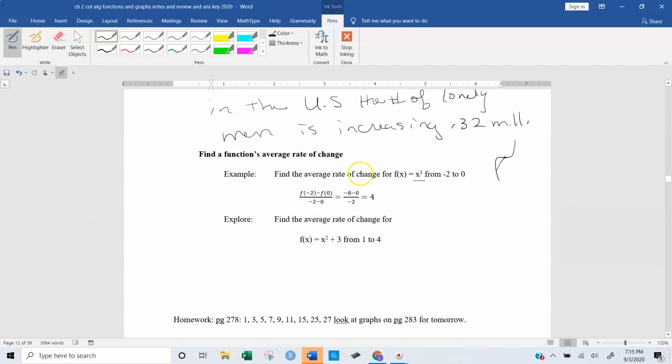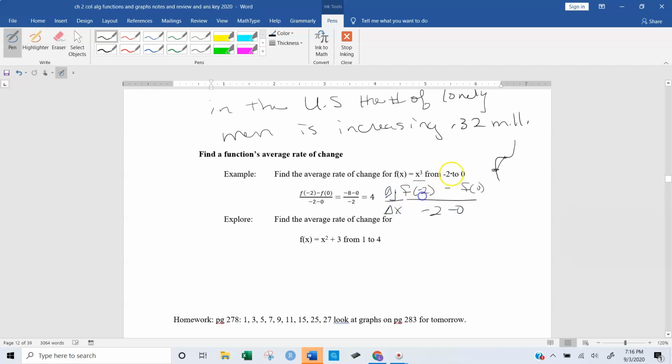So what we do is we say, what is this number? What's the y value? Which is, what is the f of -2? So what's the y value at -2 minus the y value is what f of 0 means, all over -2 minus 0. So this is change in y over change in x.